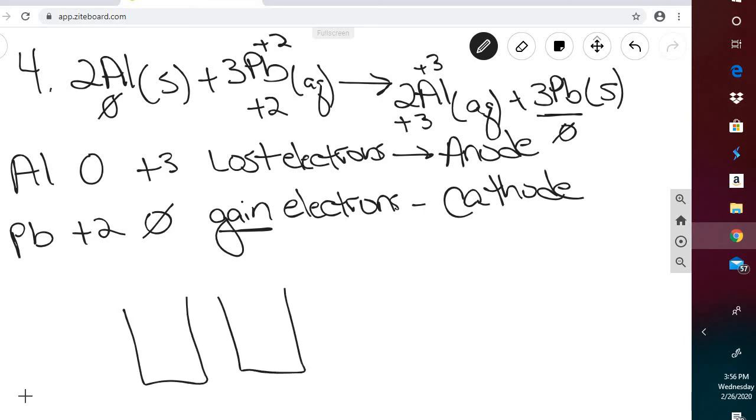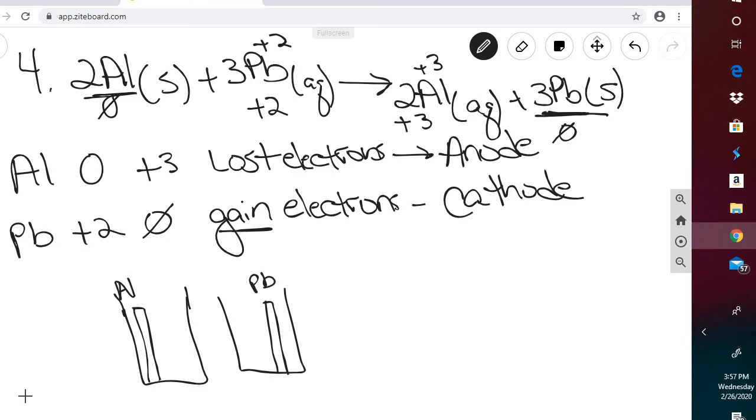So this is the anode and it's solid. The electrode, so this electrode would be solid aluminum, and then the one on the cathode side would be the solid lead. Okay, so this is going to be the solid lead.